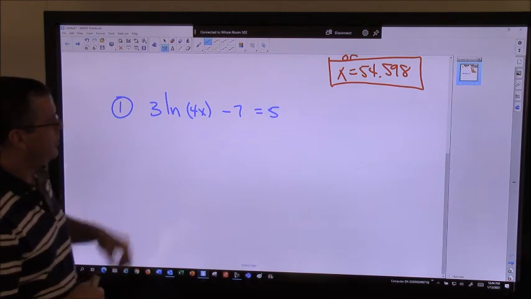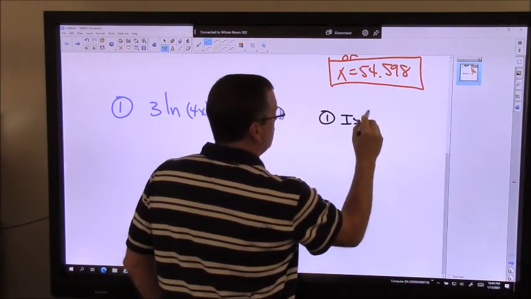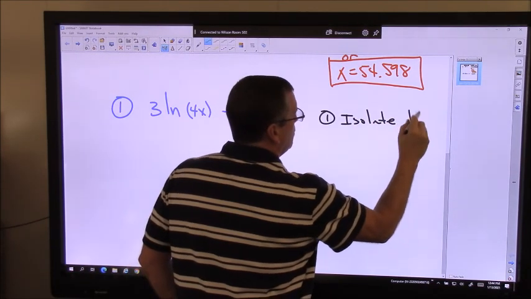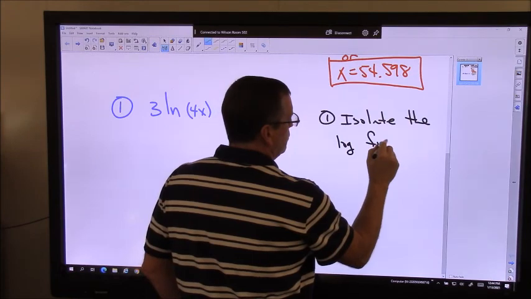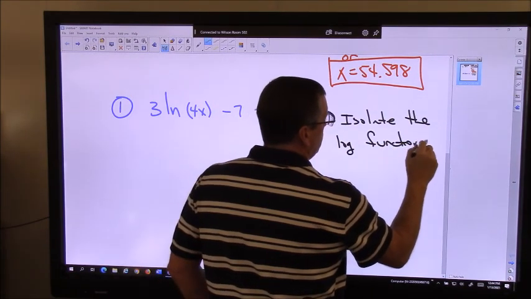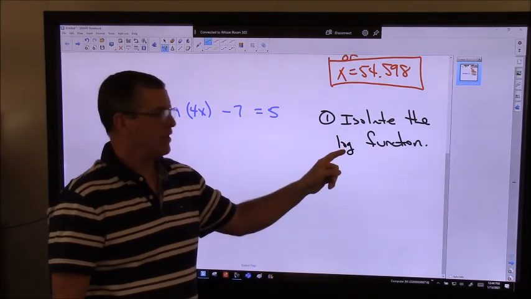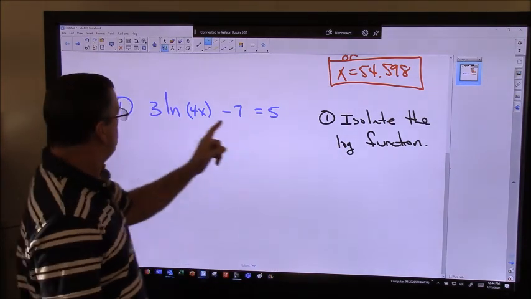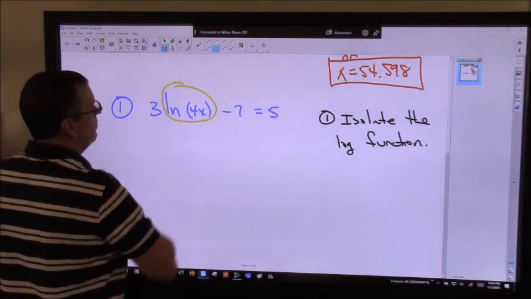Well, I want to do the same thing here. I want to isolate the log function. And when we say log, we mean either common log or natural log. Okay? This refers to both. So I need to get this part right here by itself.